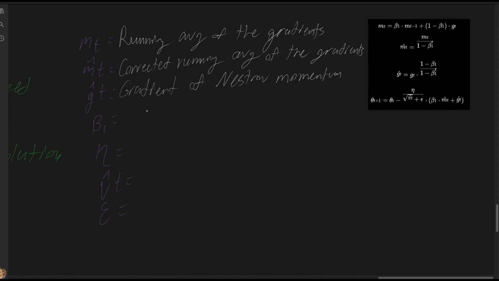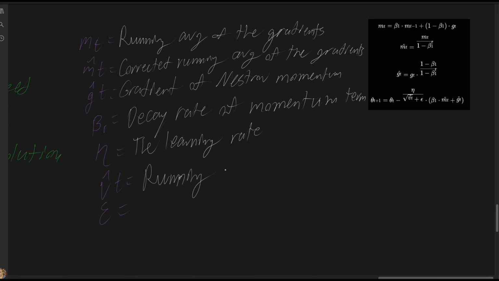Beta 1 is the decay rate of the momentum term. Eta is, as we know, the learning rate. v hat t is the running average of squared gradients. Epsilon is a small constant to avoid division by 0.